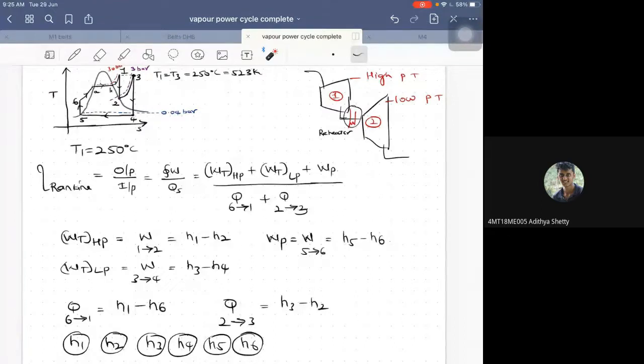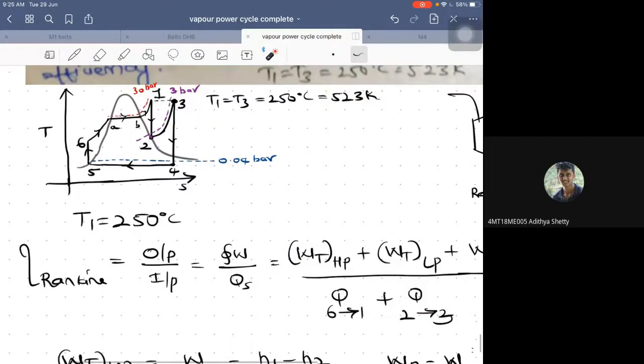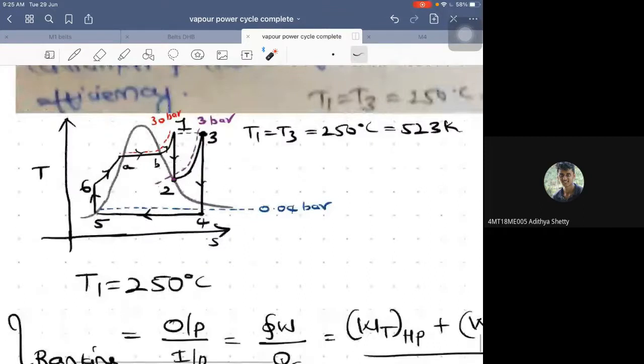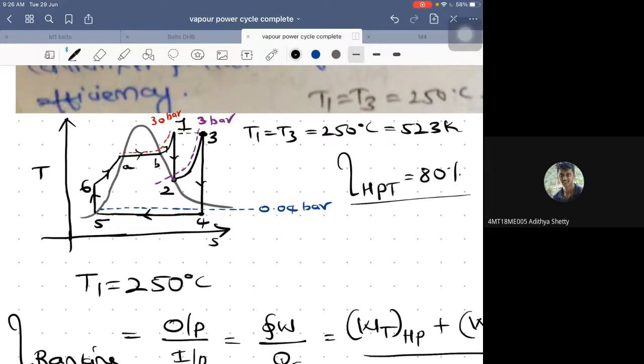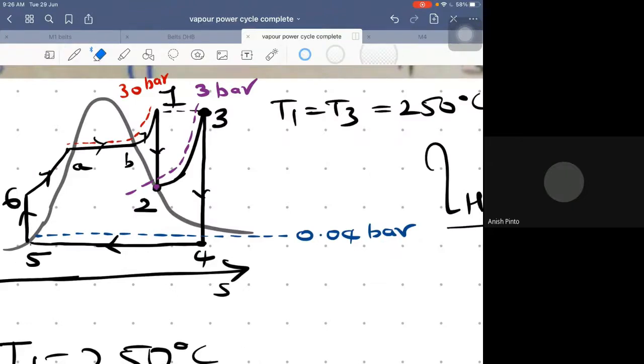So how can I increase the complexity of this particular problem? This is one level. I will tell you the next difficulty level. Suppose the efficiency of the HP turbine is given as 80%. So what has to be done? 2 dash would come. So this would shift because efficiency is given.